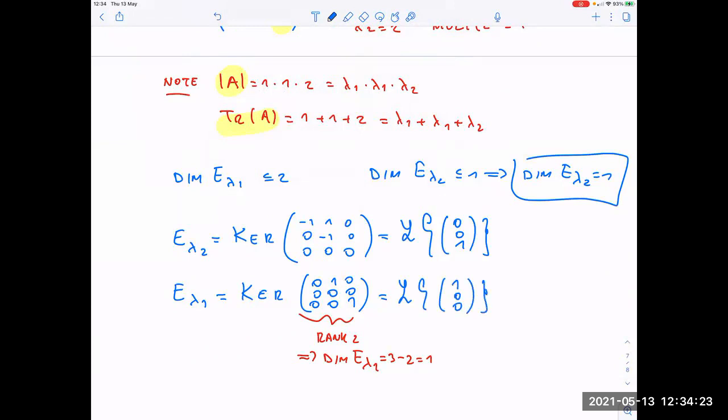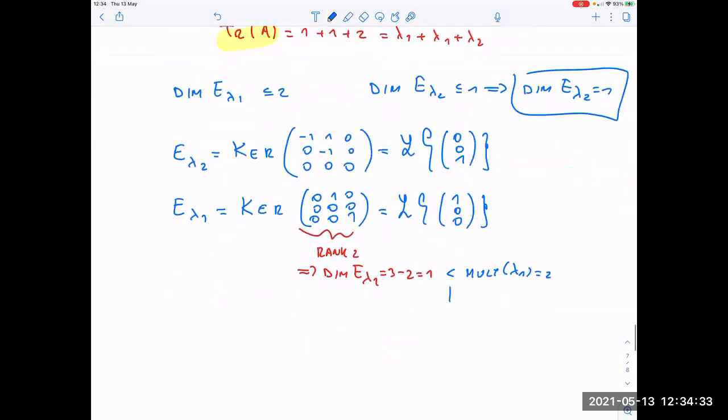And since the dimension of E lambda 1 is strictly less than the multiplicity, this means that the matrix A is not diagonalizable, right? Because it's not true that the dimension is equal to the multiplicity for all eigenvalues.